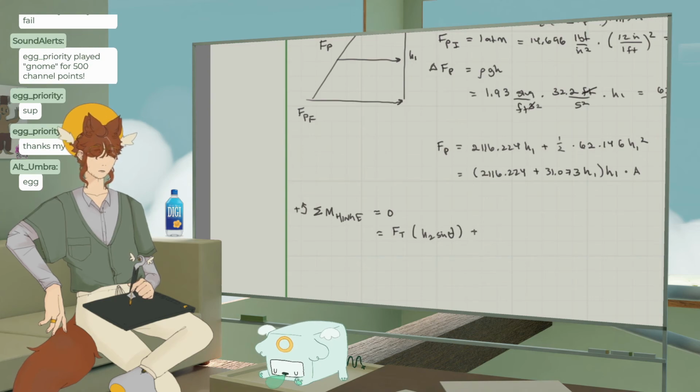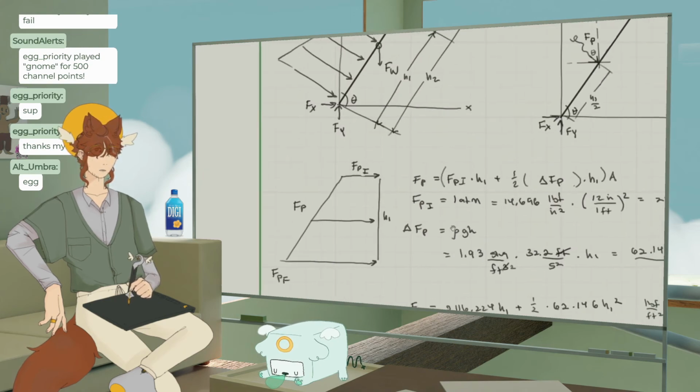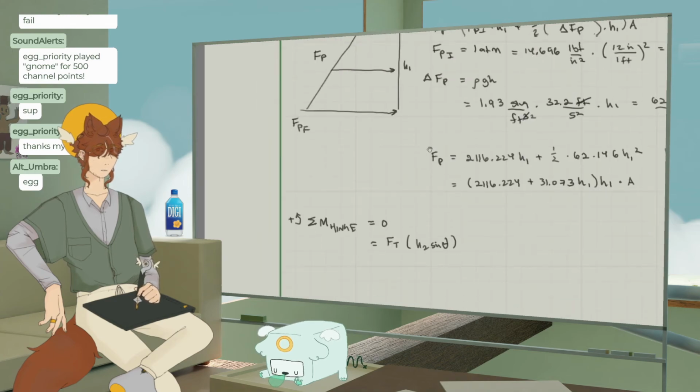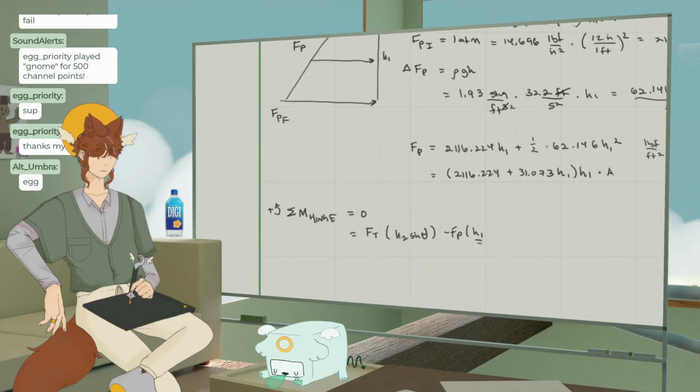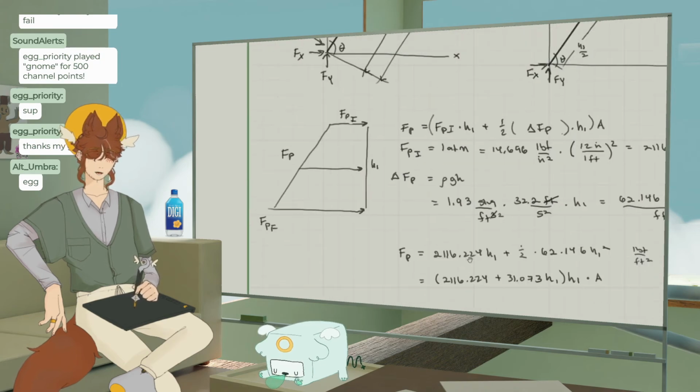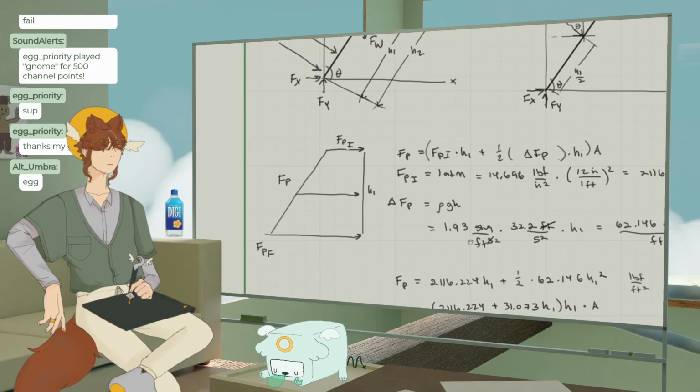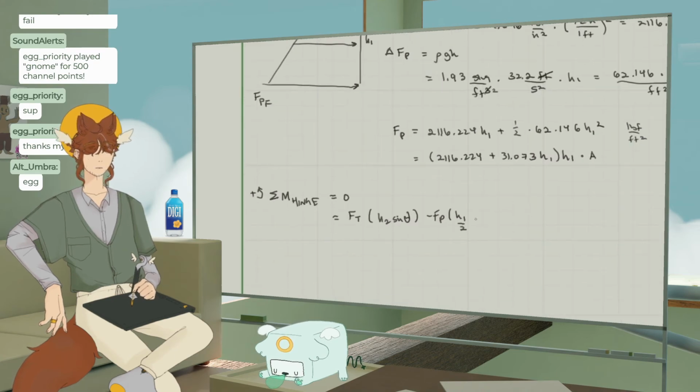And then it's gonna be minus Fp times H1 over 2, sine. Is it positive and negative both ways? Pushing down, and yeah, it's negative both ways. Okay.